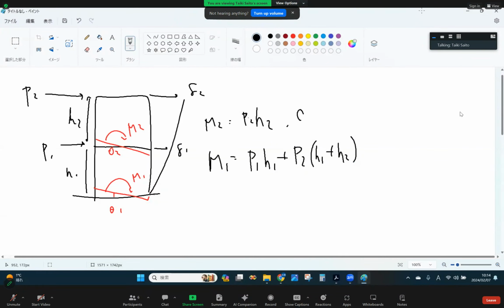And theta 2, well, we assume this angle is the same as theta 2, so it is delta 2 divided by H2, and theta 1 is delta 1 divided by H1.